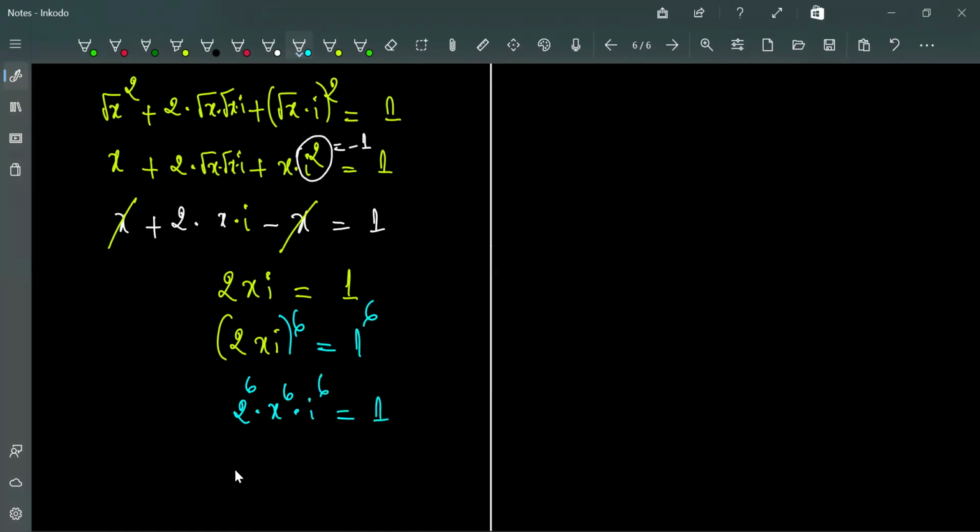So we imply x power 6 is equal to 1 over 2 power 6 times i power 6.